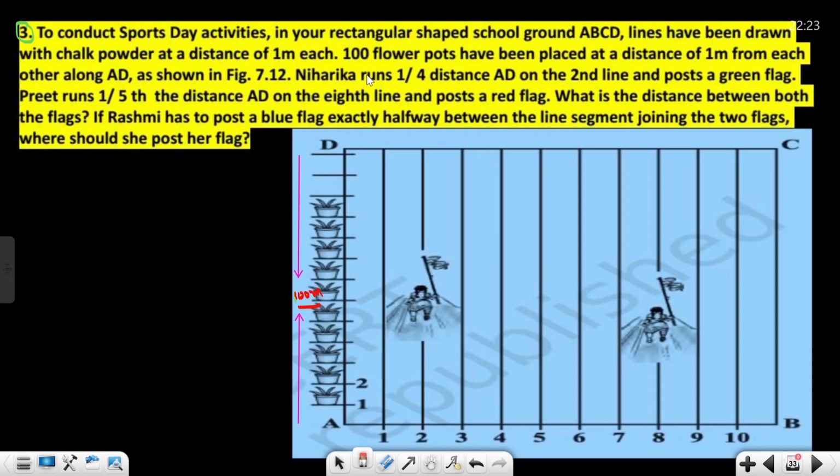Niharika runs 1/4 of the distance of AD on the second line.